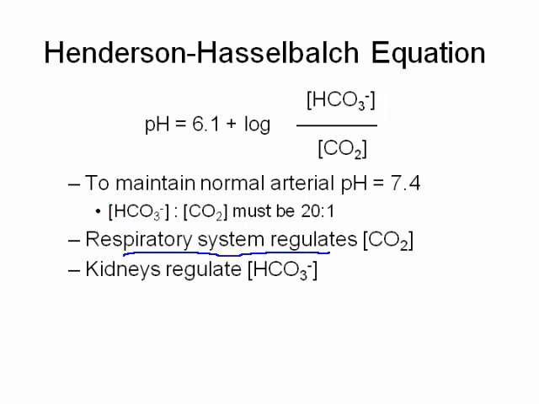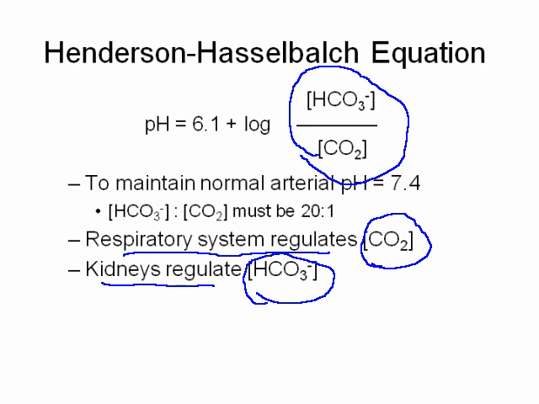Well, the respiratory system regulates CO2 concentration, and as we'll see when we get into renal physiology, the kidneys regulate primarily bicarbonate concentration by both reclaiming bicarbonate that gets filtered out of the plasma as well as synthesizing new bicarbonate. So by regulating these two components of this ratio, both kidneys and lungs work together to regulate pH.